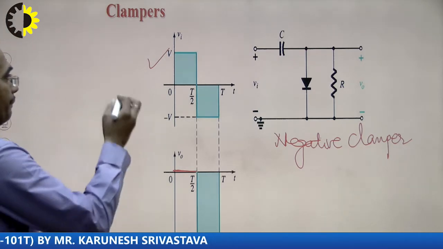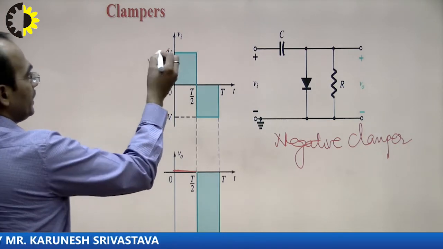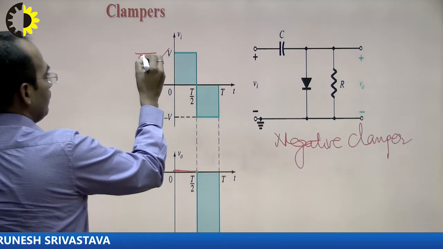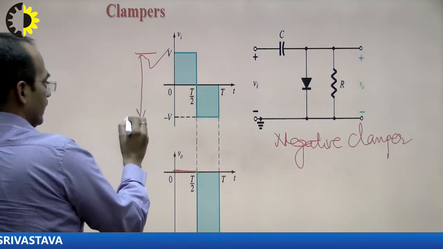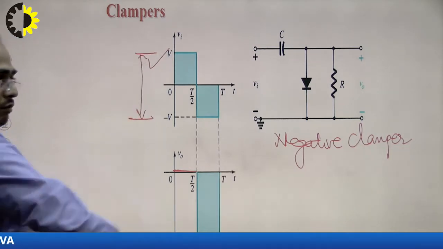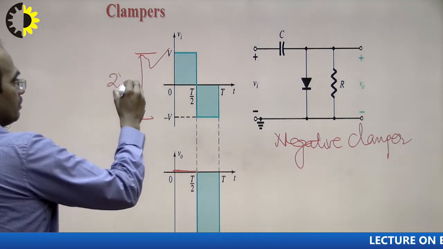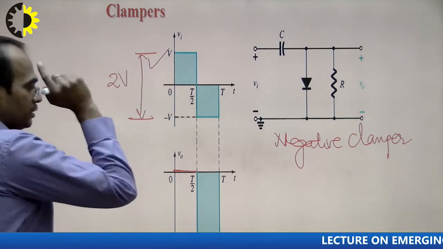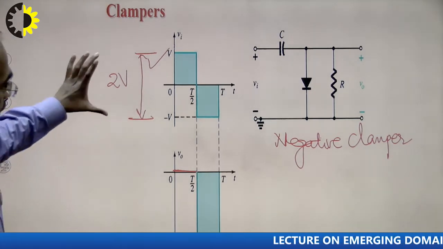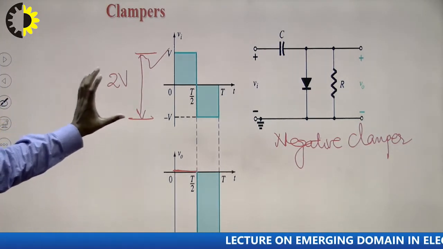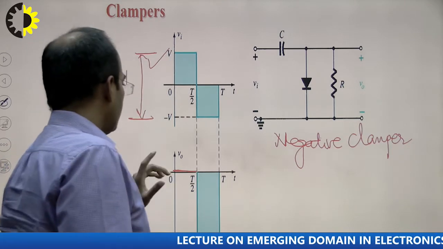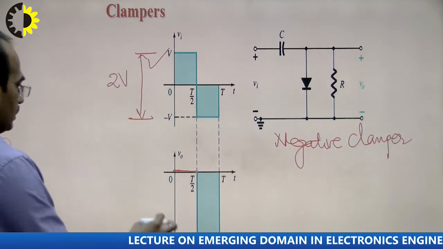So the peak to peak voltage should be the same for the input and output waveform. So what will be the peak to peak voltage here? Here the peak to peak voltage will be 2V, V minus minus V. It should be the same for both input and output waveform.